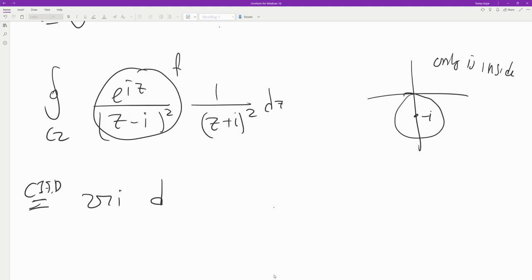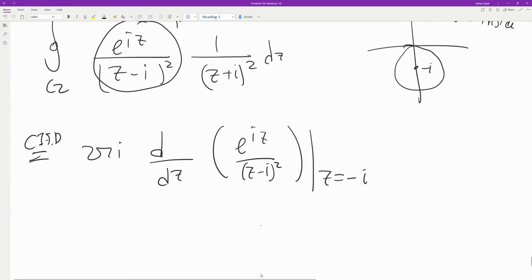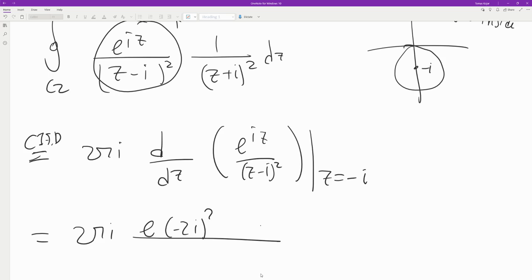So 2 pi i derivative of e^(iz) over this evaluated at z equal to minus i. Okay. And so long story short, this is 2 pi i e to the minus 2i squared.